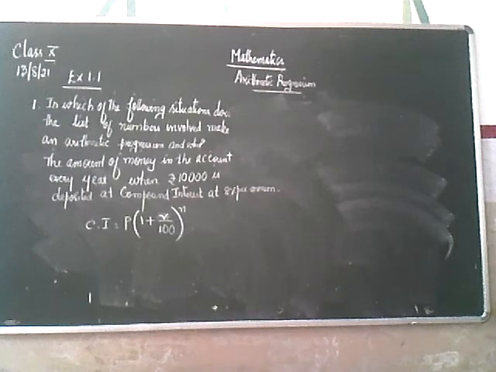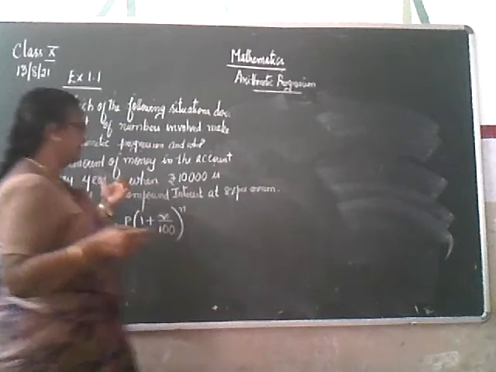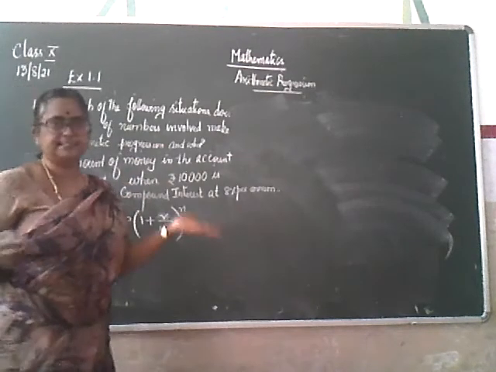So the compound interest is P into 1 plus r by 100 the whole to the power of n, where P is the amount deposited and r is the rate of compound interest per annum for n years. So every year the money will be... Here he has given the amount of money in the account every year when 10,000 is deposited.